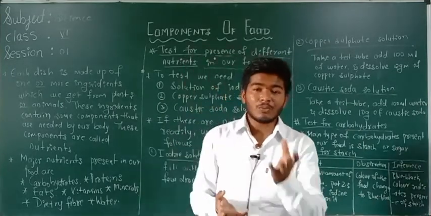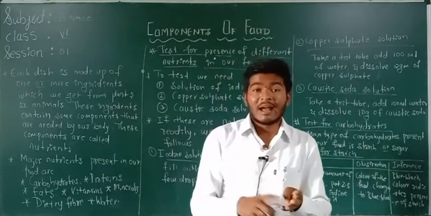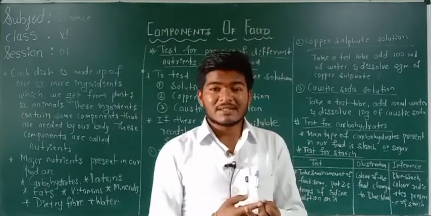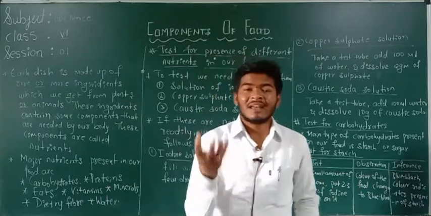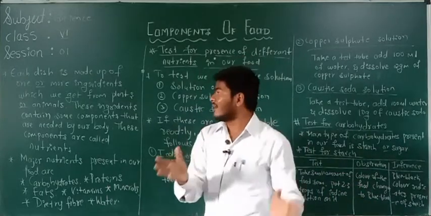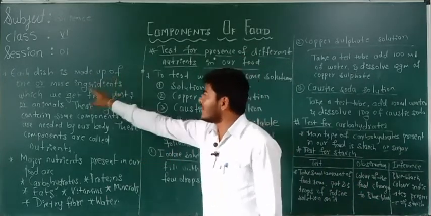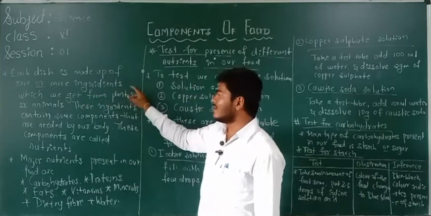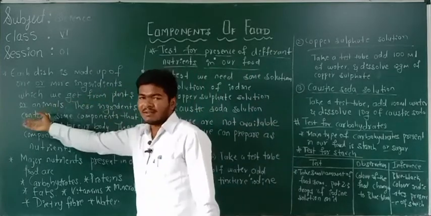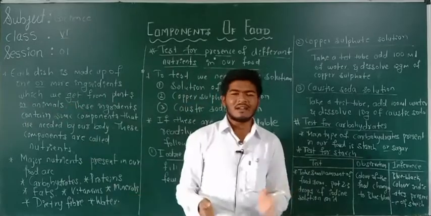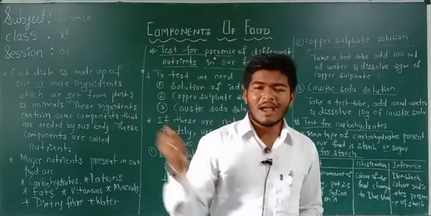To make a pulao we require rice, vegetables and spices, isn't it? So the pulao is made up of more than one ingredient. These ingredients may come from plants or animals.